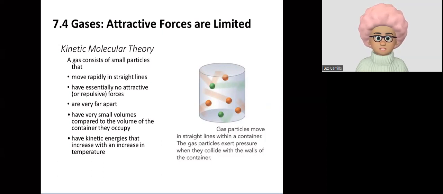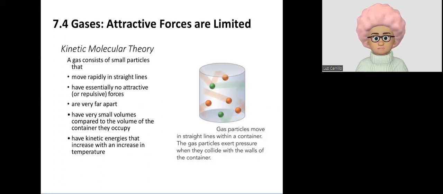As you can see in the image on the right, this container is going to have some gas particles. And these gas particles, which are illustrated with these green balls and orange balls, move within the container in a straight line, as you can see by the shadow that has been utilized in this image.